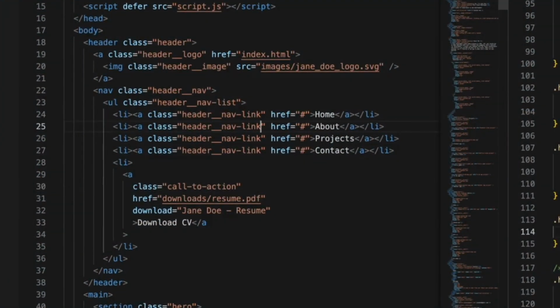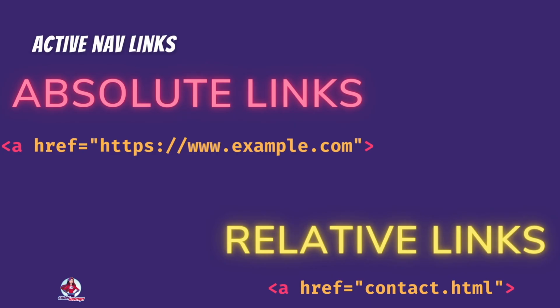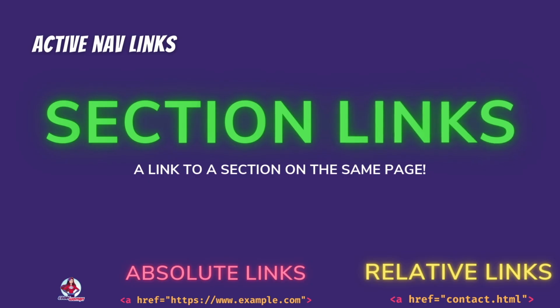Now let's work on links. When you learned about anchor tags, I mentioned that you could use absolute or relative URLs, right? But I didn't tell you about one more type, a link to a section on the same page. And that's what we'll use here in the header. We can click a link to jump to any element on the same page.